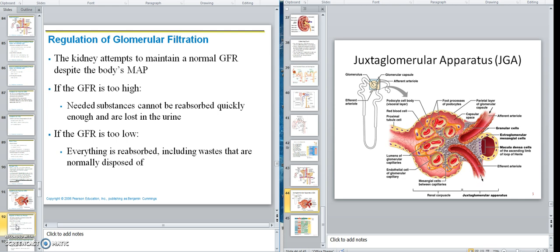Now, a lot of it depends on the blood pressure and other things, because remember, by the time you got down to the kidneys, down to the afferent arteriole, you were about a 55 mean arterial pressure, whereas in a regular capillary, you're about a 35. We said somewhere in that range.